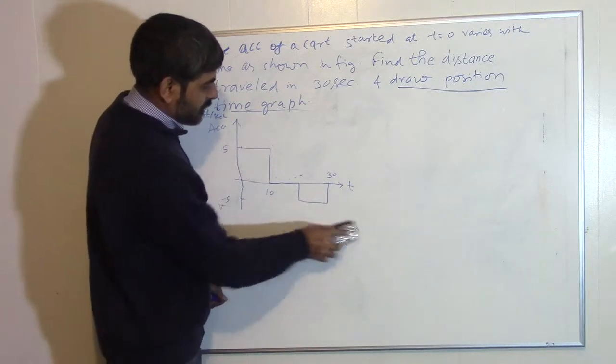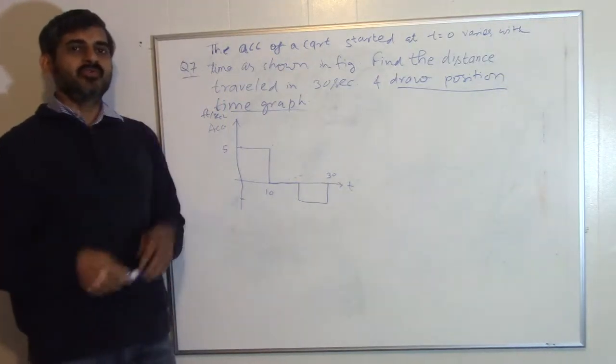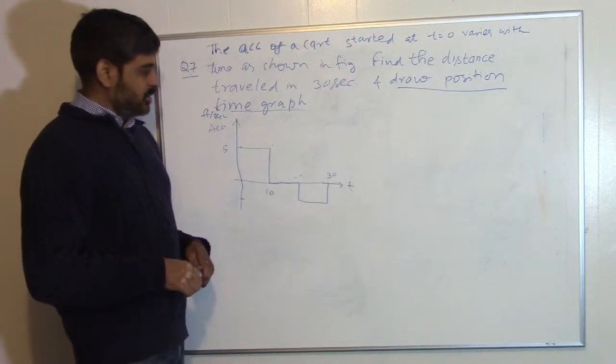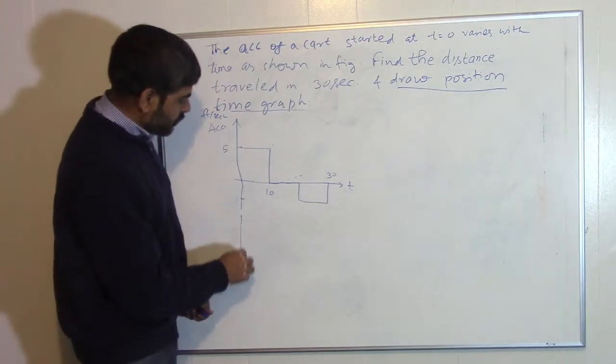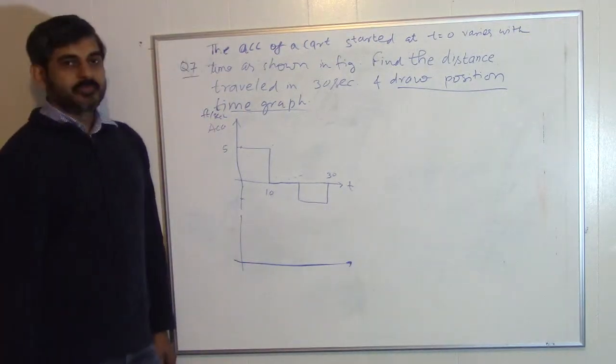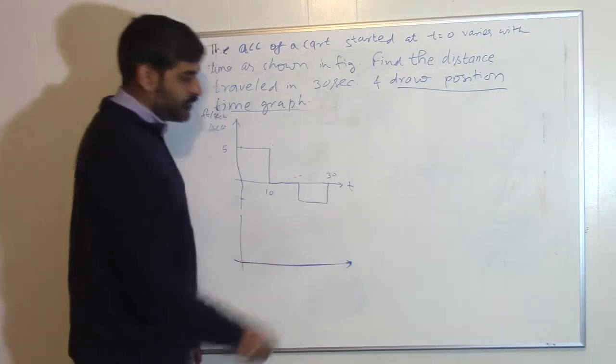But what we want to do is solve it using the graph-only method. The graph method gives you an insight of what is happening and allows you to solve more such problems. So what we will first do is plot a graph of the velocity of this particle with respect to time.